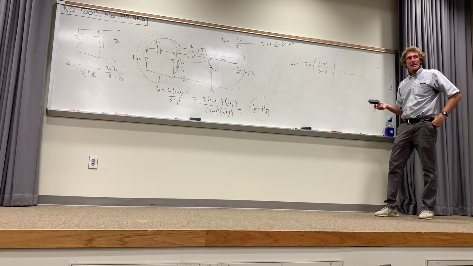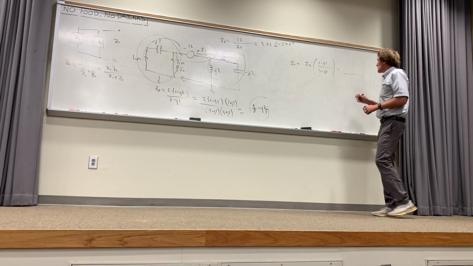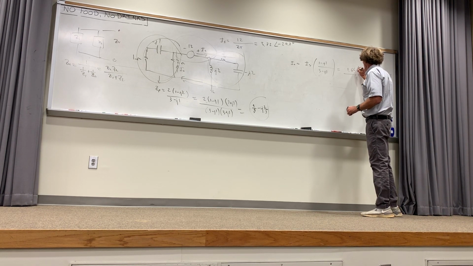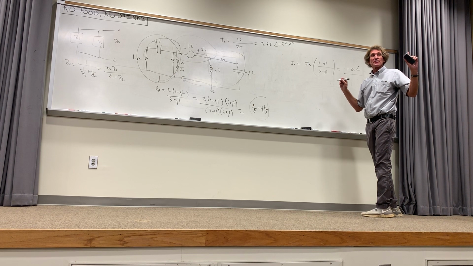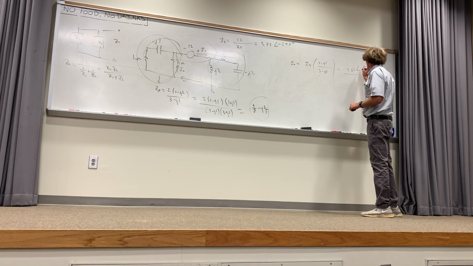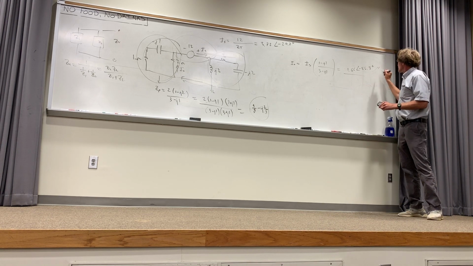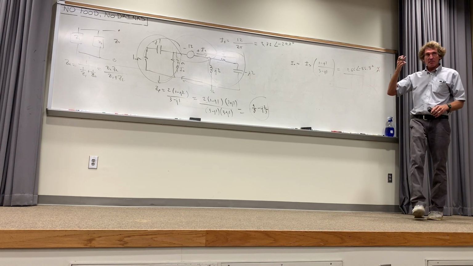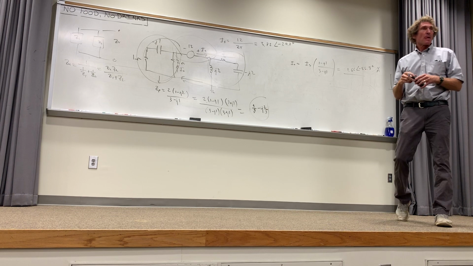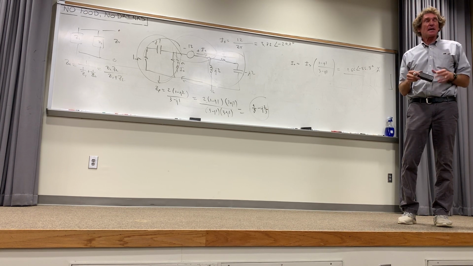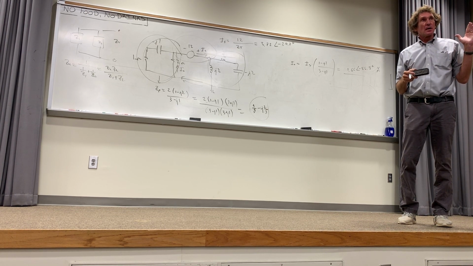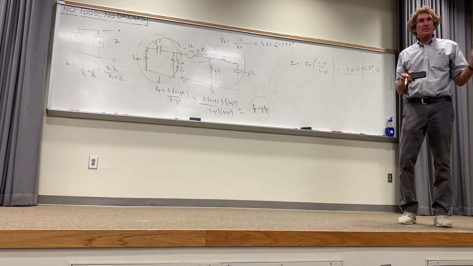What'd you get? Give it to me. Say it again. 1.66 at minus 56. Anybody else get that? That's amps, by the way. Anybody? You got it? All right, there's one. Check the mode. In the back there? You got it? All right. Again, make sure you know how to use your calculators.